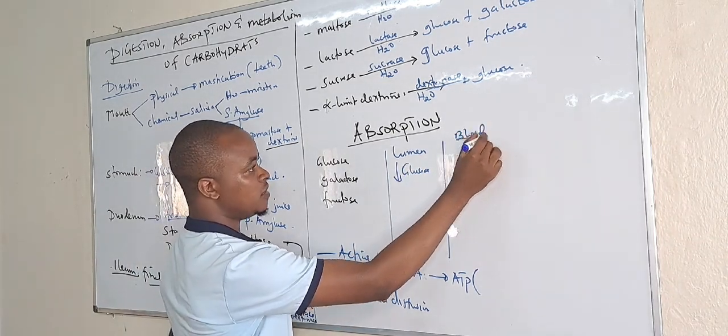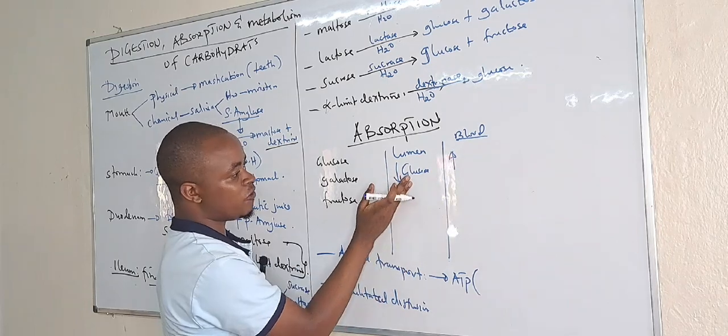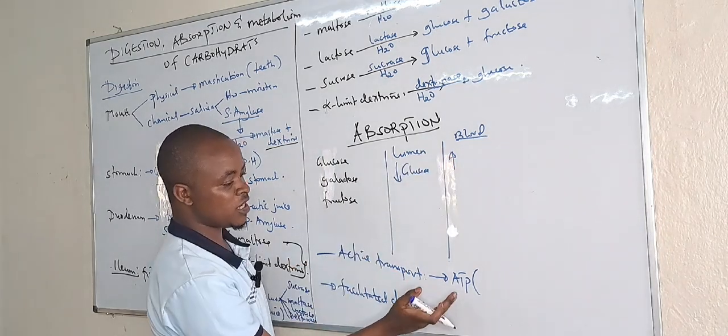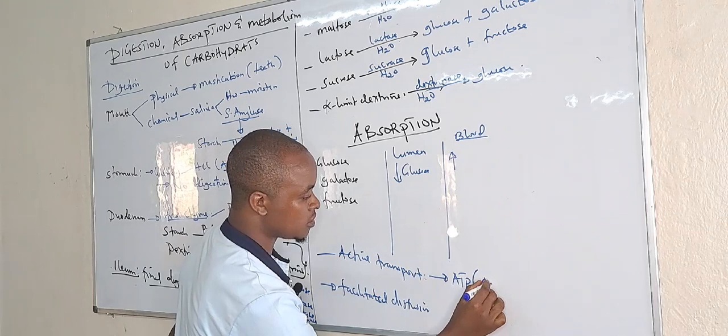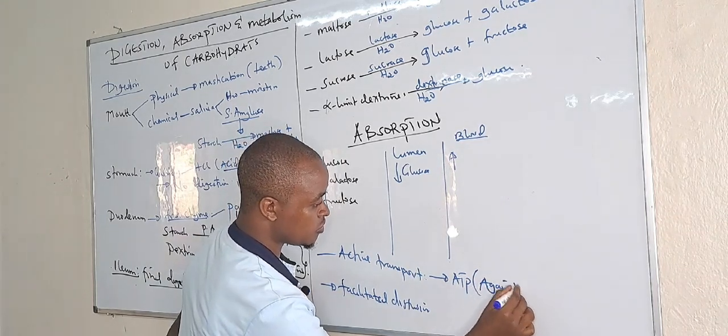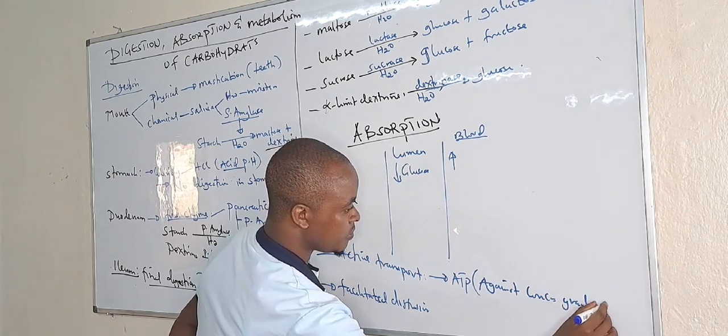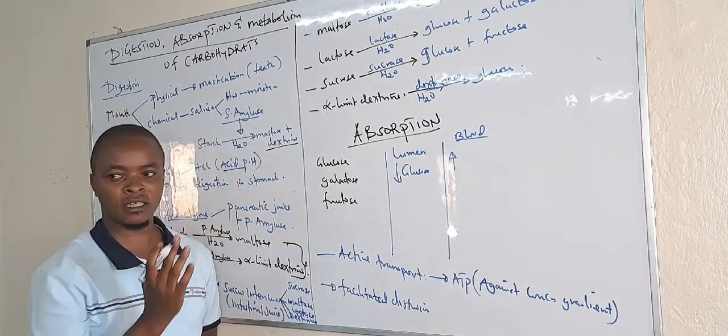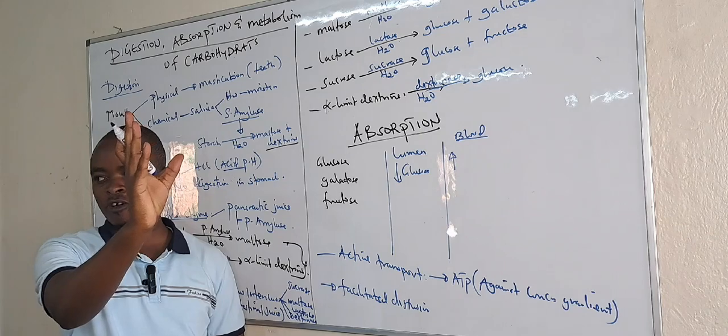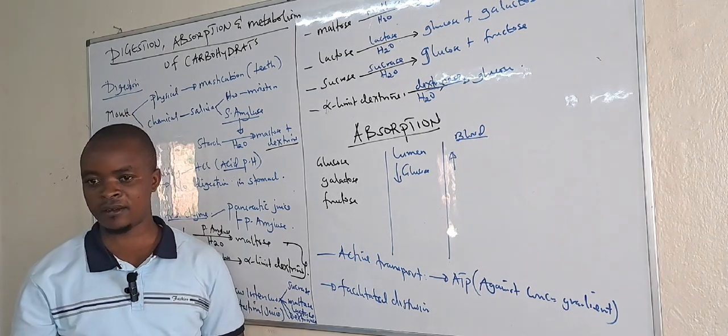If this is blood, blood has higher concentration, so you are moving from low to higher. So we need energy. So it is against the concentration gradient. That's why we need energy to move glucose from region of lower to region of higher.